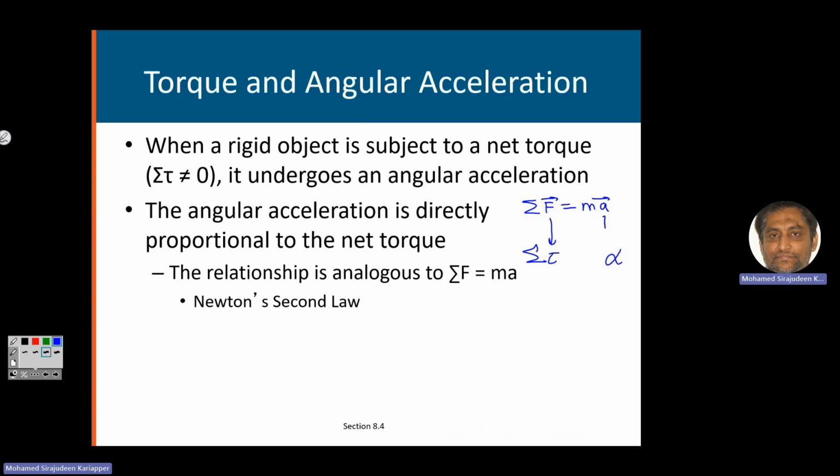Now the angular acceleration is proportional to the net torque, and it is inversely proportional to not mass. We have a corresponding quantity in rotational motion, which is called rotational inertia. Of course, you remember mass is called inertia because it is resisting the change in the motion. So this is the normal regular inertia. This is called the rotational inertia.